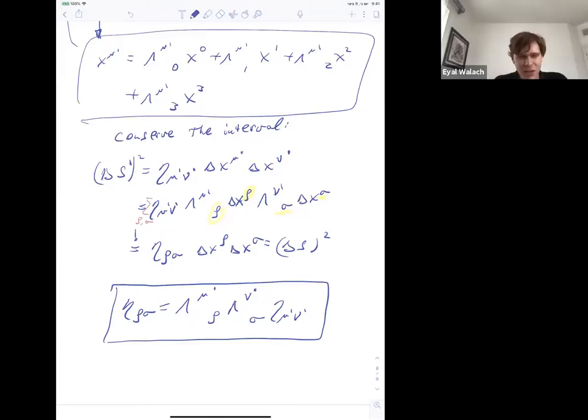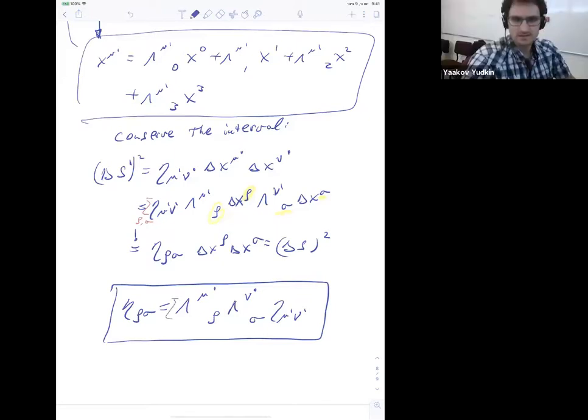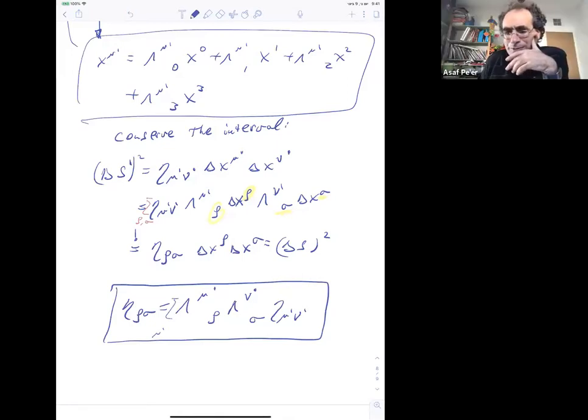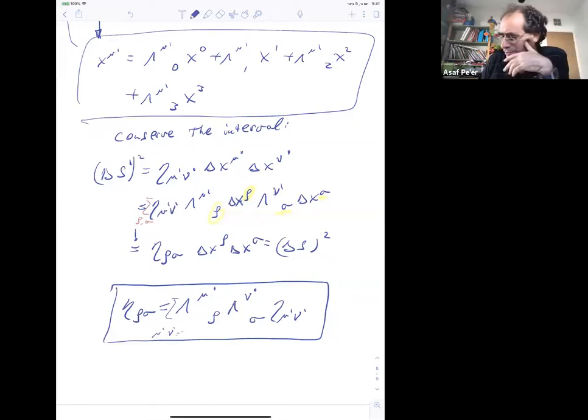There are 16 terms, because in each line there are 16 terms, and there are 16 lines. Because there is a summation over mu prime and nu prime, which goes over 0 to 3.